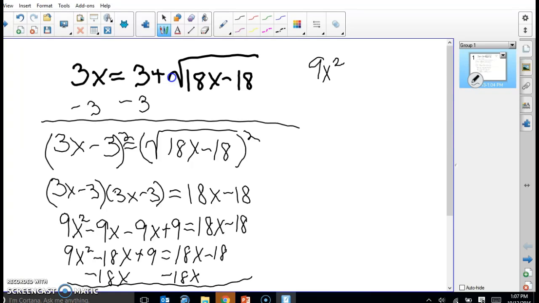So negative 18x minus 18x is negative 36.